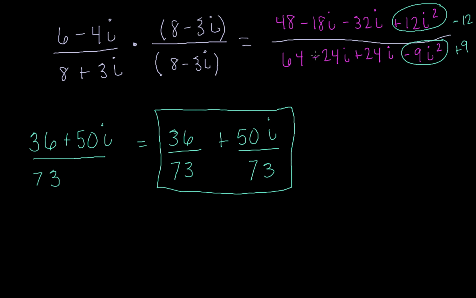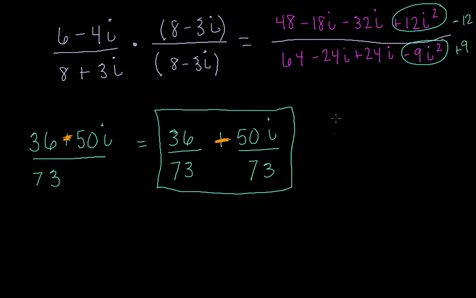When you combine the like terms, 48 minus 12 is 36. Negative 18i minus 32i, that should be a negative 50i, divided by 73. And then 64 plus 9 is 73.